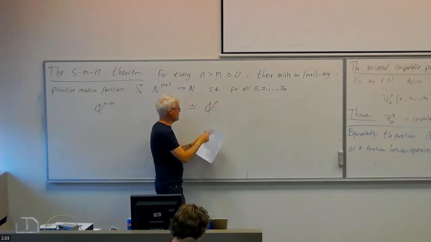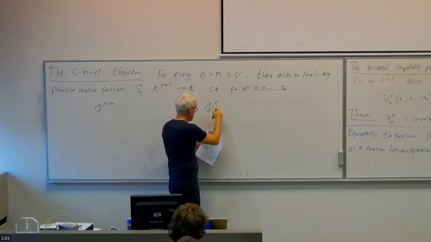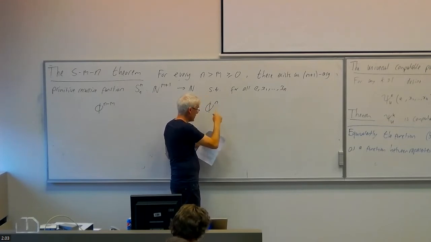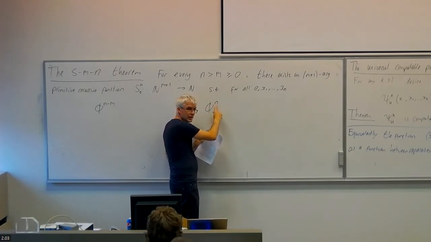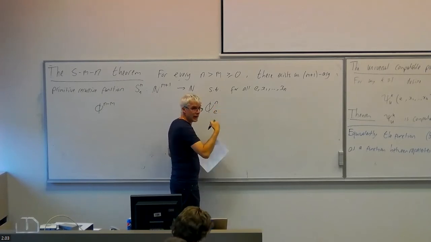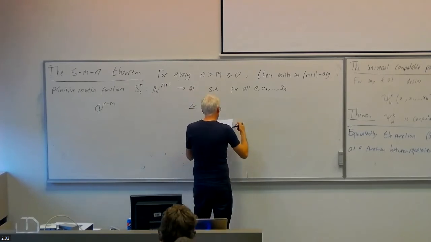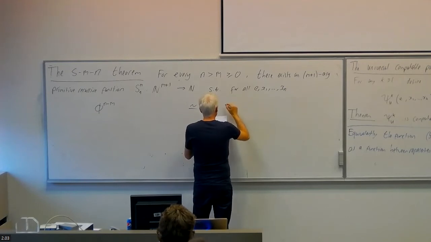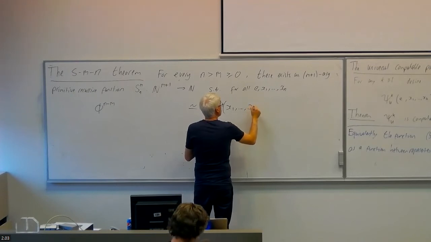So we can compute the computable partial function of arity m and index e, so the eth n-ary computable partial function, compute that on the arguments x1 through to xn.